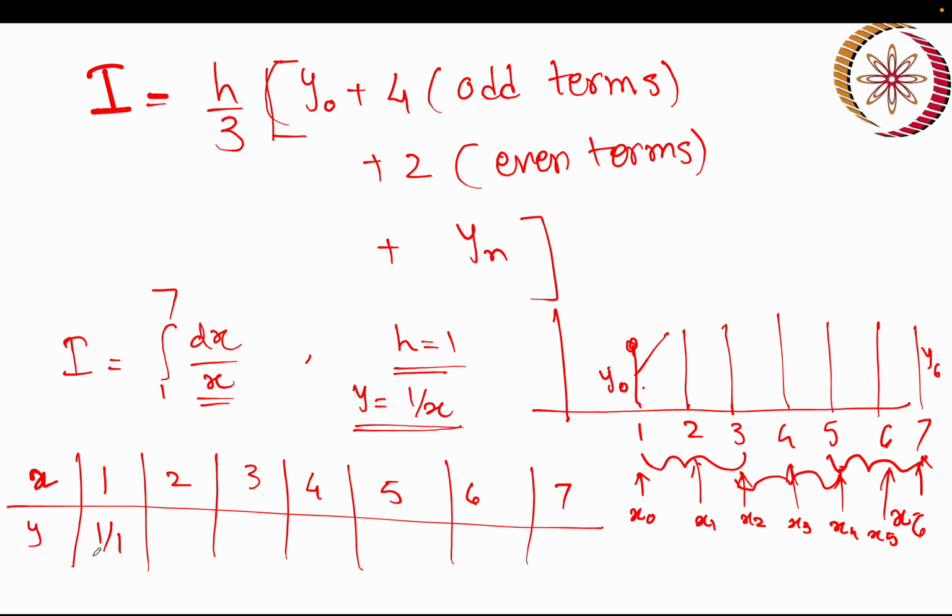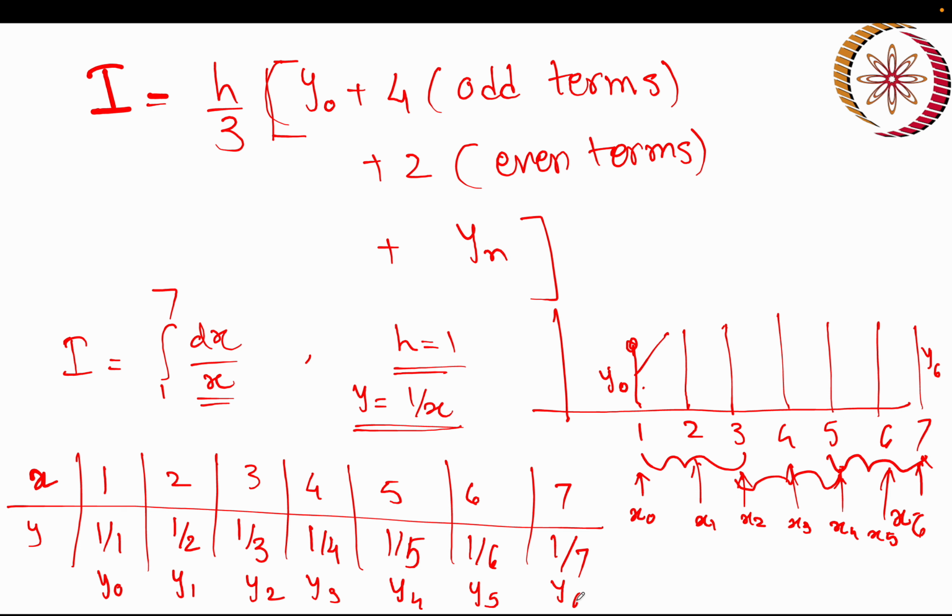So for x equal to 2 it will be half, then 1 by 3, 1 by 4, 1 by 5, 1 by 6, 1 by 7, and these will be y0, y1, y2, y3, y4, y5 and y6.